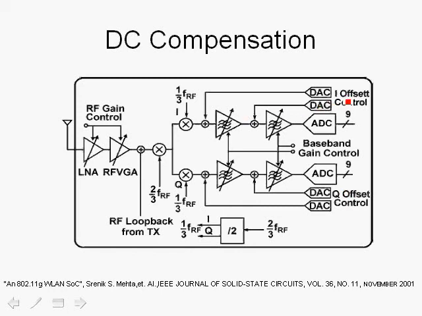In this case, the baseband estimates the DC and puts a digital code into the digital to analog converters that then subtract the DC component at the various stages on the receive path. So this is a typical way of eliminating the DC, especially prior to the high gain stages, with a coordination between the RF front end and also the digital baseband signal processor.